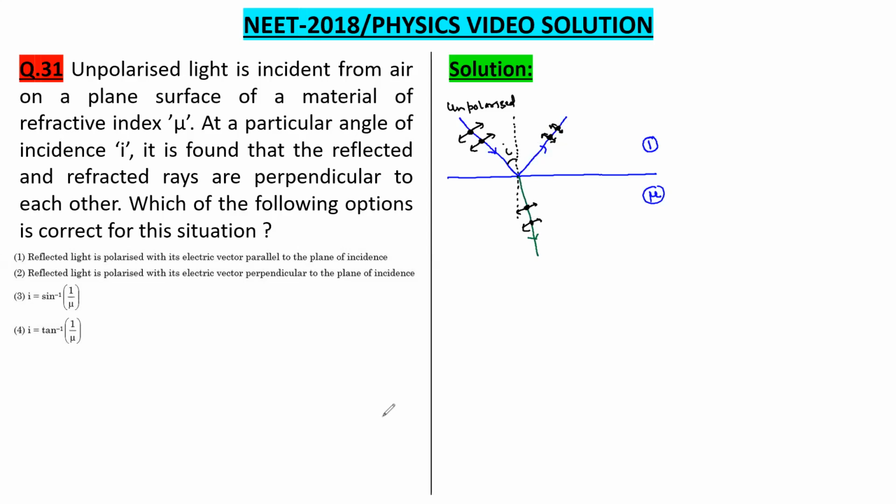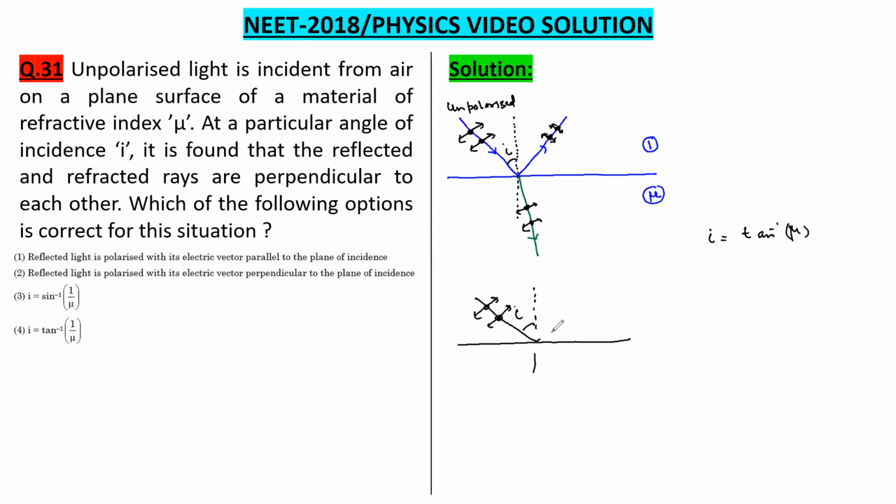Brewster showed that at a particular angle, the angle of incidence is such that I is equal to tan inverse mu, the reflected light becomes totally polarized.